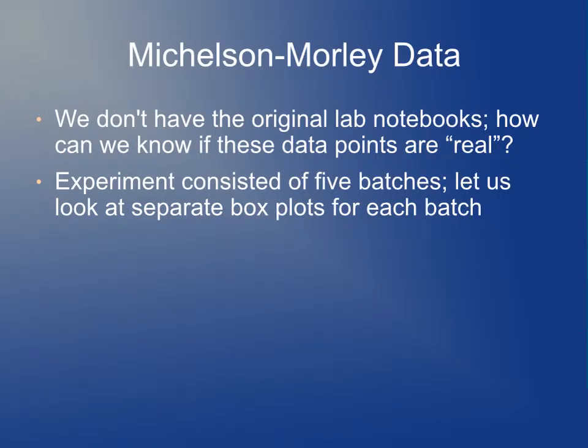For the Michelson-Morley experiment, we don't have their original notebooks or recording equipment or whatever the case may be. But the data set in R shows that it consists of 5 different batches, so let's do separate box plots in each batch.